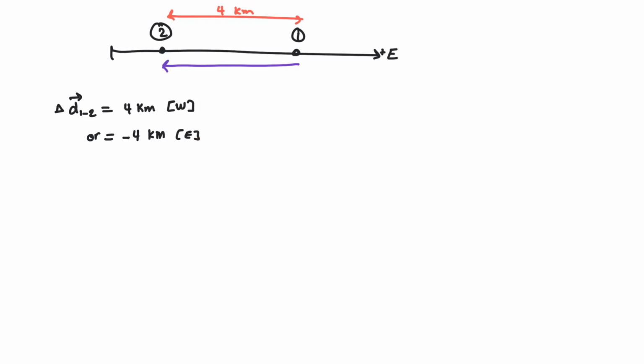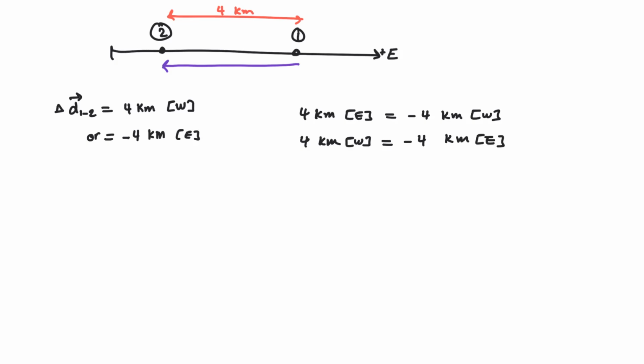This becomes very important a little bit later, but the other way of thinking about this is that it's kind of like a negative vector. So 4 kilometers east is equivalent to negative 4 kilometers west, and 4 kilometers west is equivalent to negative 4 kilometers east.